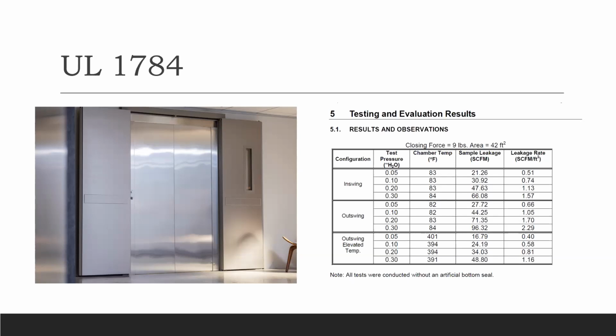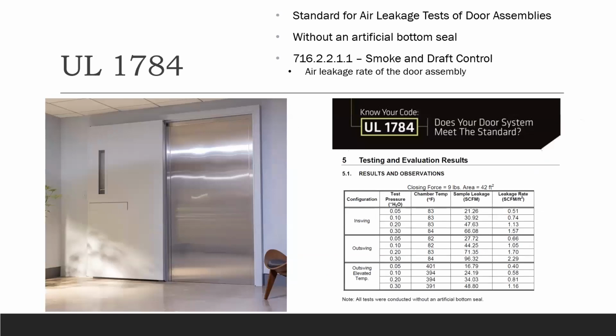When we bring up this code, we're looking at elevator lobbies and elevator shaft applications, and those are required to be tested to UL 1784 without an artificial bottom seal. Testing and evaluation results look something like what you see on the right side of the screen, also indicating without that artificial bottom seal.